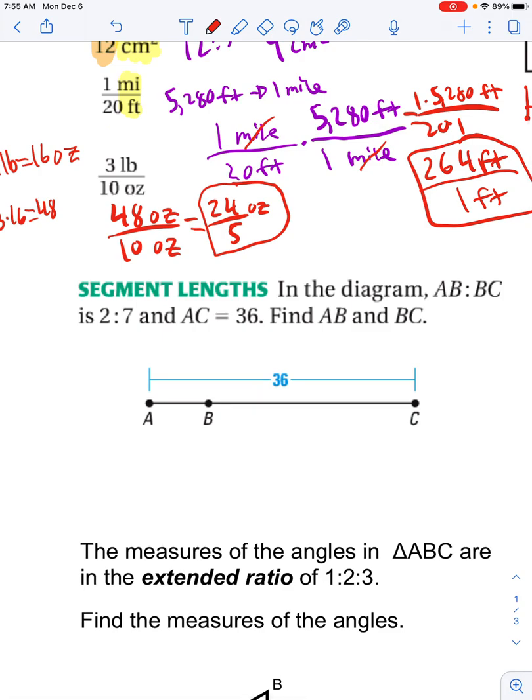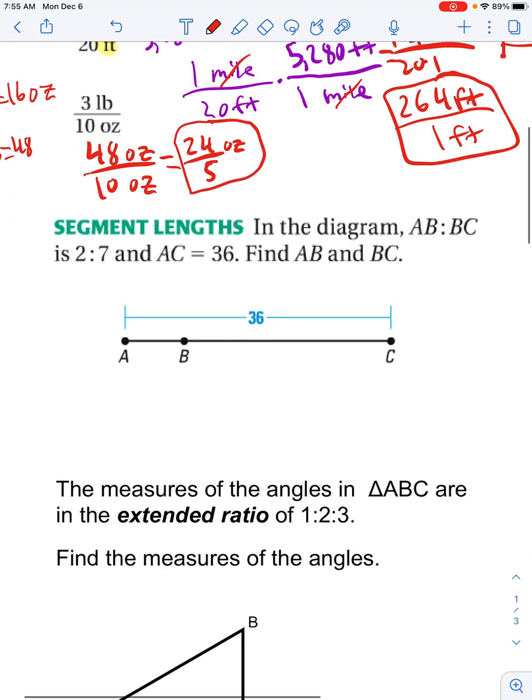All right, using some numbers, AB is proportional to BC. We can see that right here, and it's 2 to 7. So for every 2 ABs, we're going to have 7 BCs. The entire thing is 36.